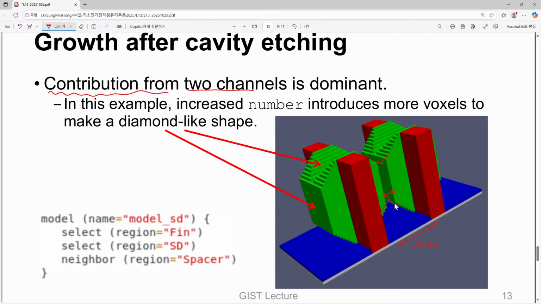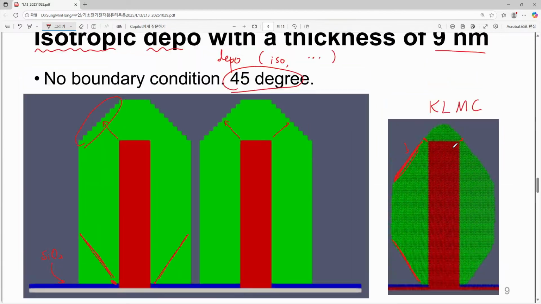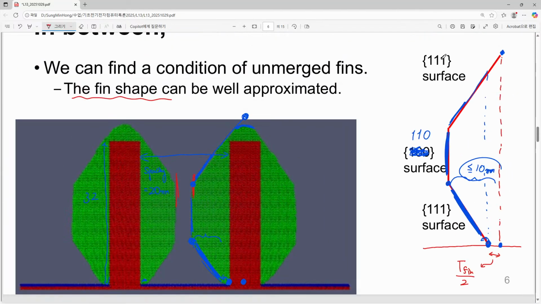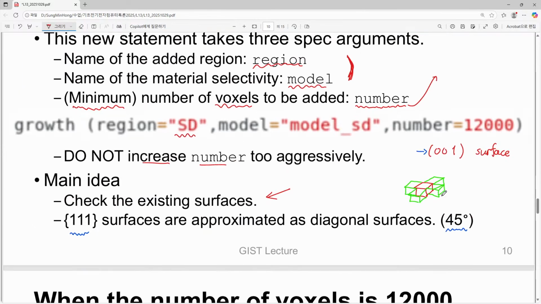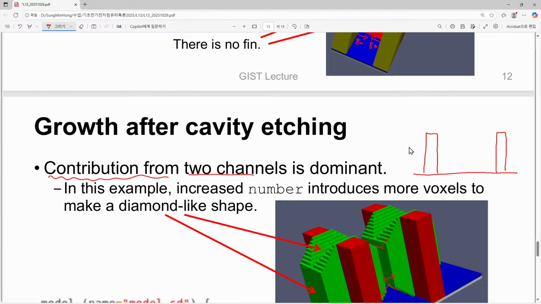But in reality, if we consider 7 nanometer and 7 nanometer, 20, and just apply our previous geometric calculation shown here, then even when we have 20 nanometer, the overlap is not that much.